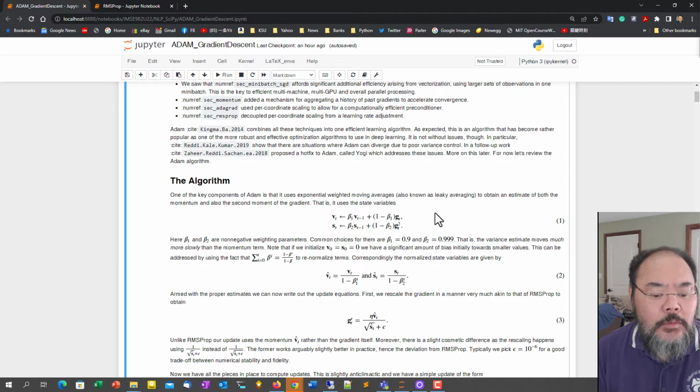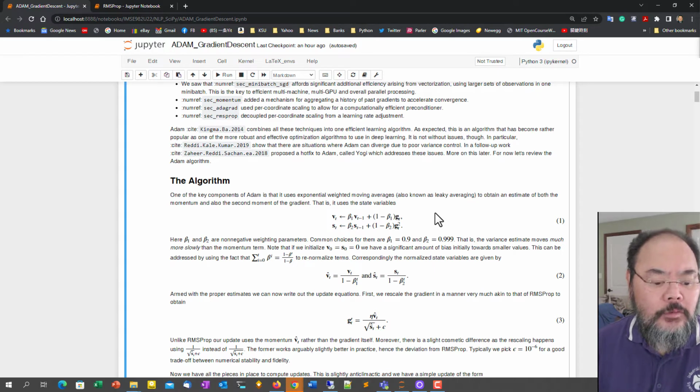The second momentum only focuses on the magnitude of the gradient instead of the sign. So here we have two betas as the exponential smoothing factors. Beta 1 and beta 2 are non-negative weighting parameters. Commonly, beta 1 is about 0.9, and beta 2 is 0.999, almost 1.